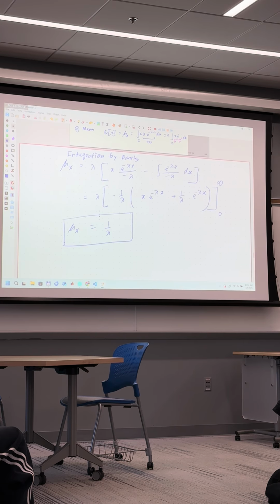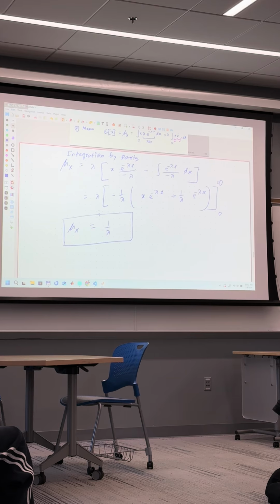And the variance, again, is 2 pages of derivation.